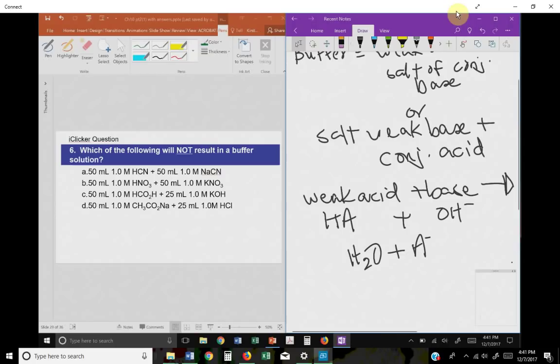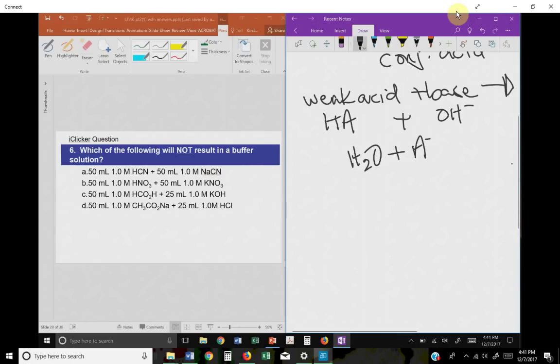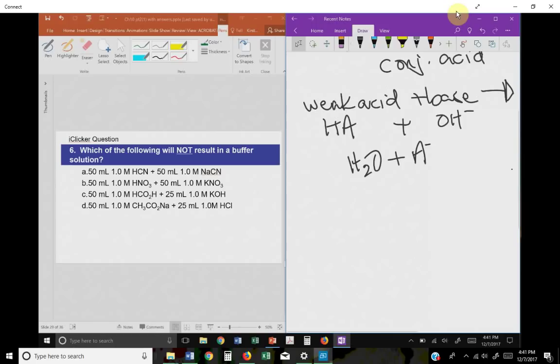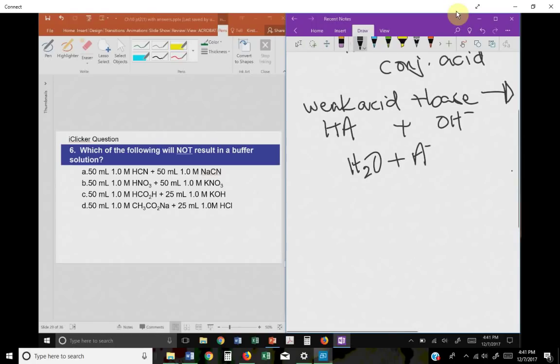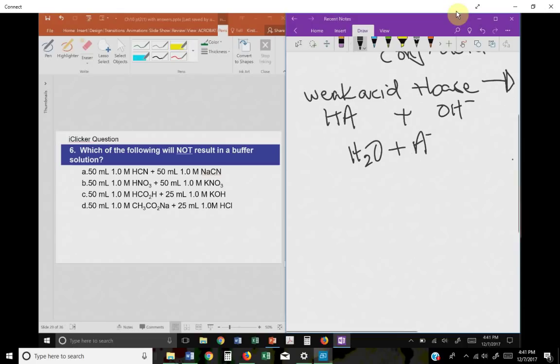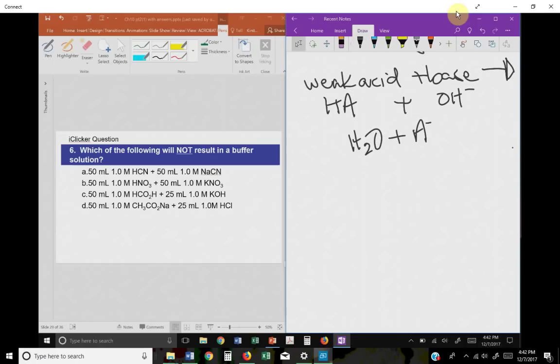Let's get rid of this little box over here and let's finish writing. The conjugate base. Oh, I'm on the pen, right? Y'all know how I do with these pens. Okay, it's not doing it. I apologize, students. Oh, that's right, I have to use this.